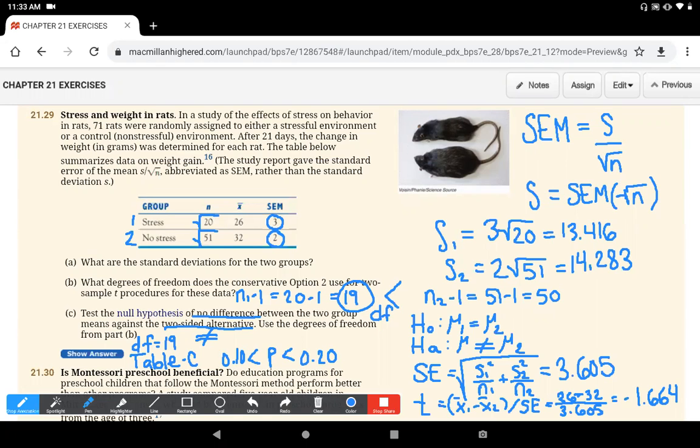And in conclusion, because the test requires a conclusion, there's little evidence in support of a conclusion that mean weights of rats in stressful environments differ from those of rats without stress.